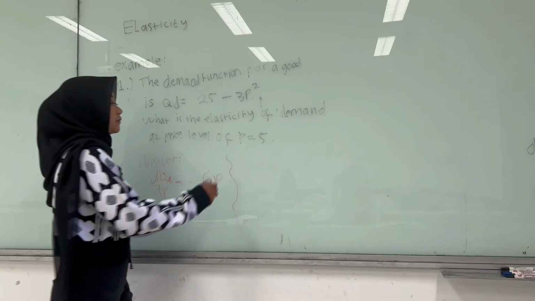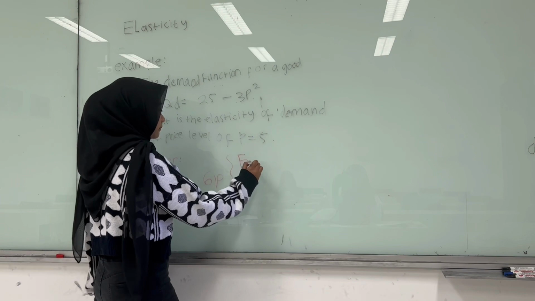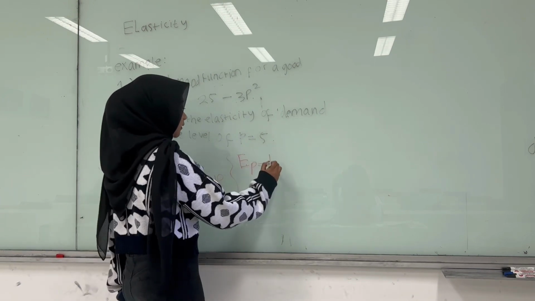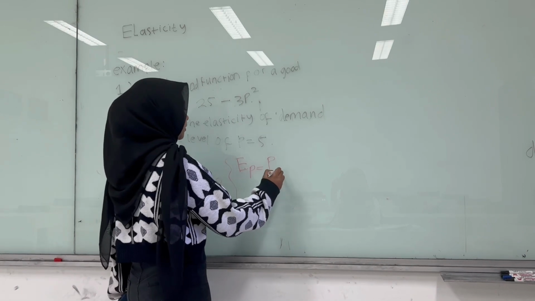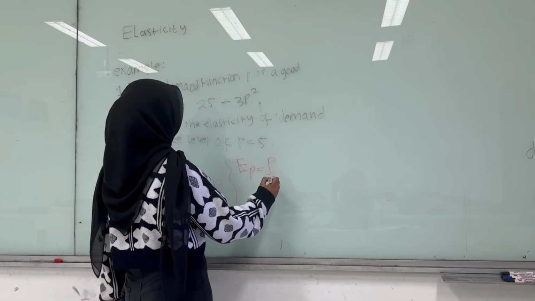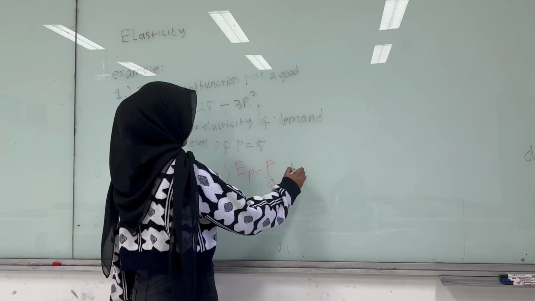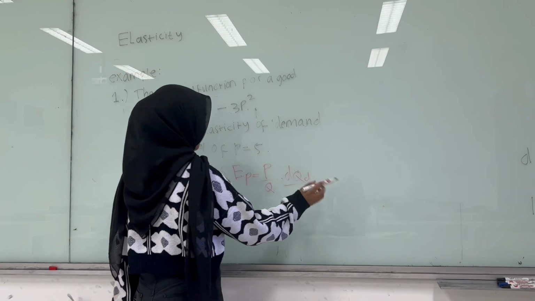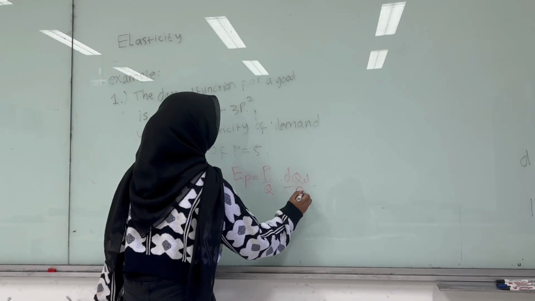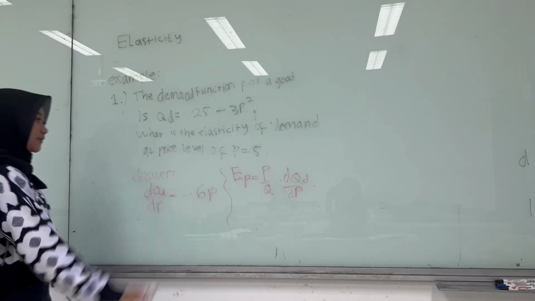The next step is we find the E_P. The formula is E_P equals P/Q times dQ/dP.